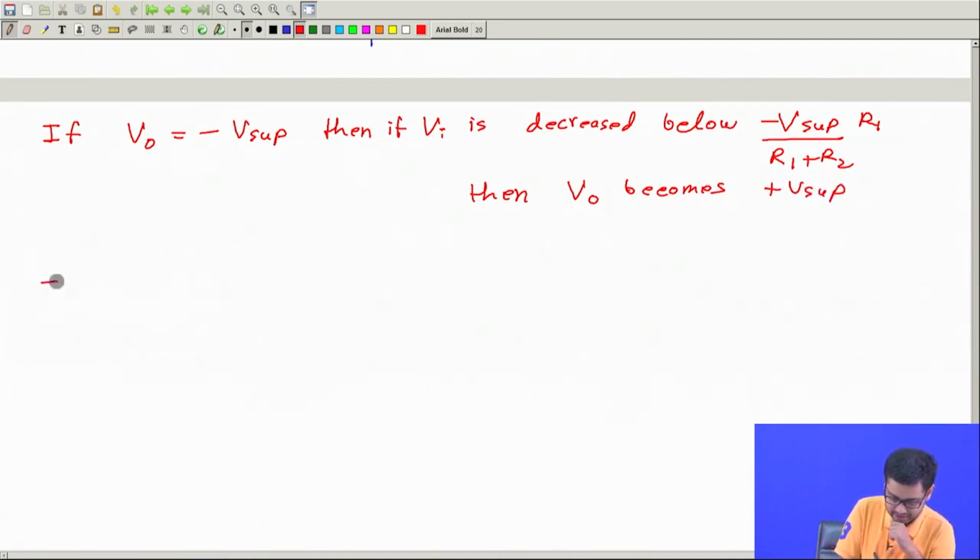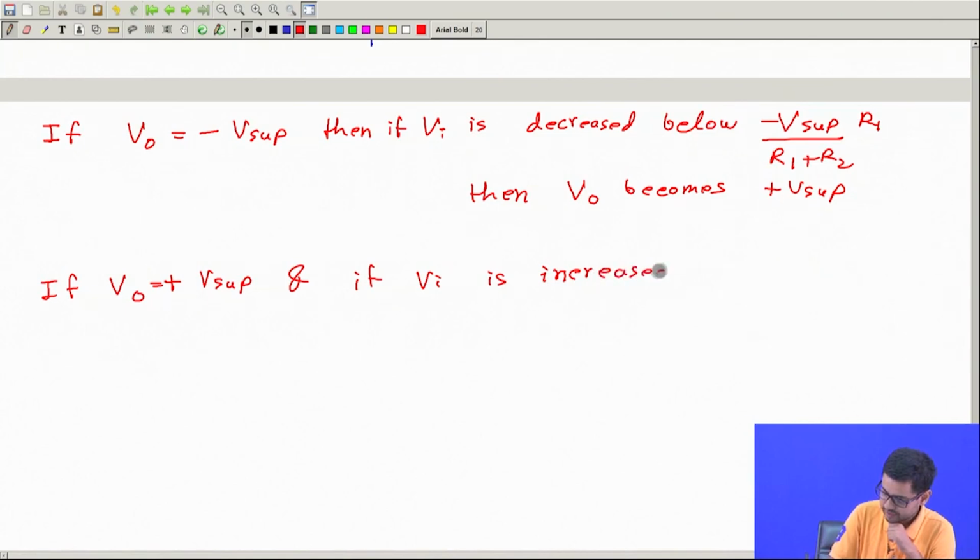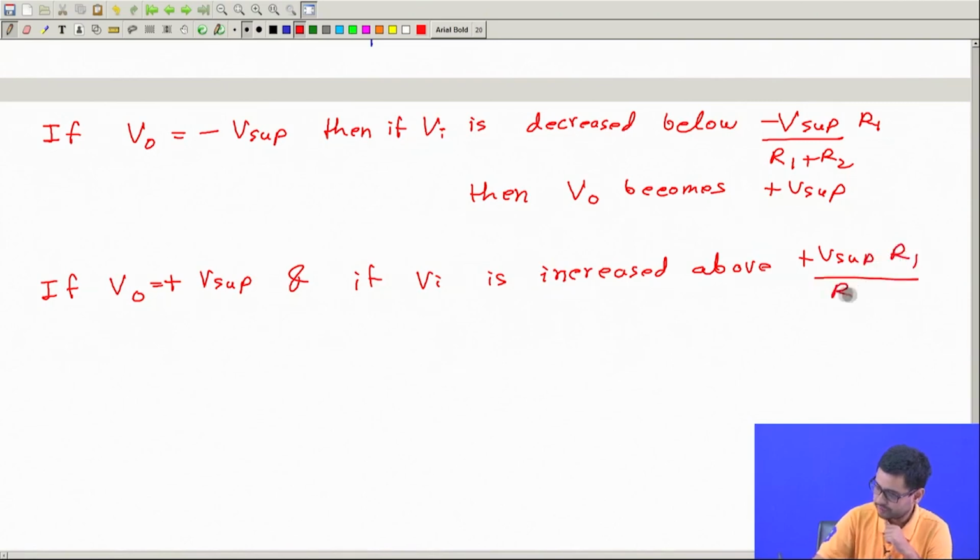Similarly, if VO is plus V supply and if Vi is increased above plus V supply R1 by R1 plus R2, then VO becomes negative.